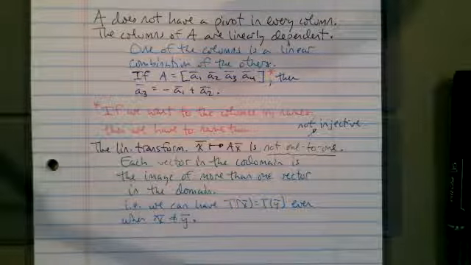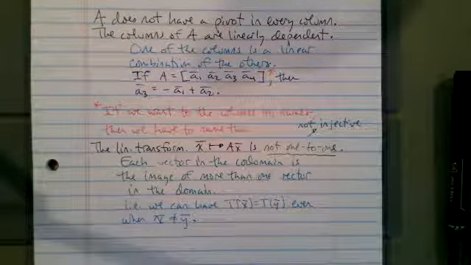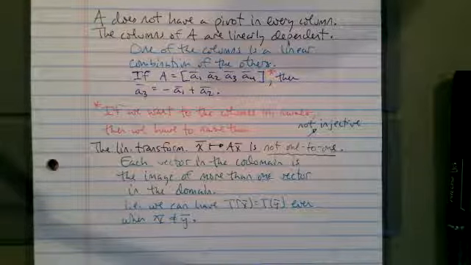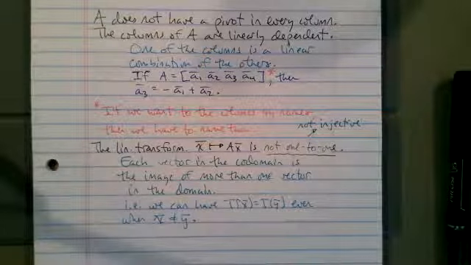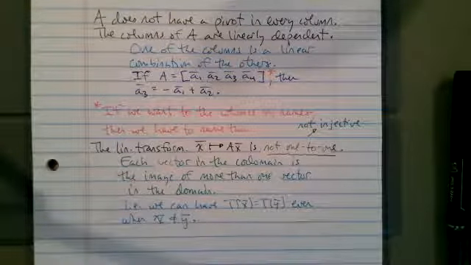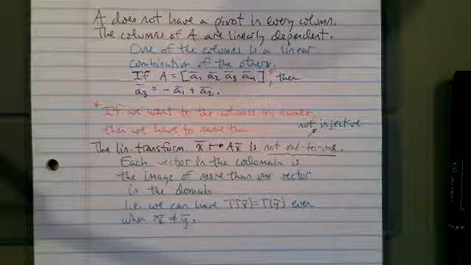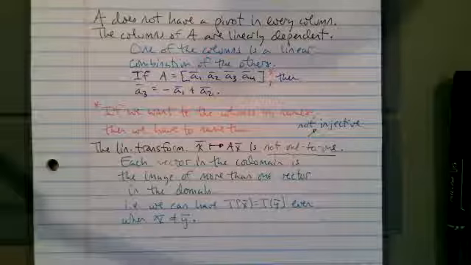The easiest example of a not 1-to-1 function of real numbers is x squared. -2 squared is 4, and 2 squared is 4. So x squared is not 1-to-1. The output 4 has more than one input, 2 and -2.